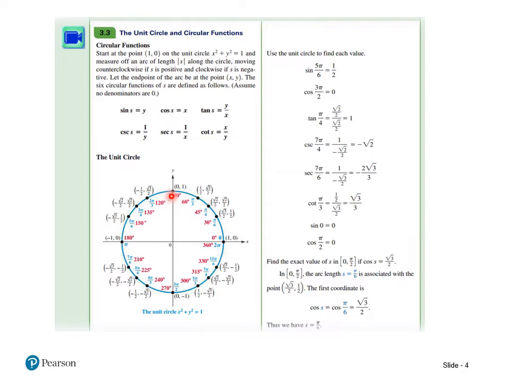I could also say this as the cosine of pi over 2 is 0, the sine of pi over 2 is 1. The cosine of pi is negative 1, the sine of pi is 0, and so on. Okay? So this actually helps us figure out some of the values here.